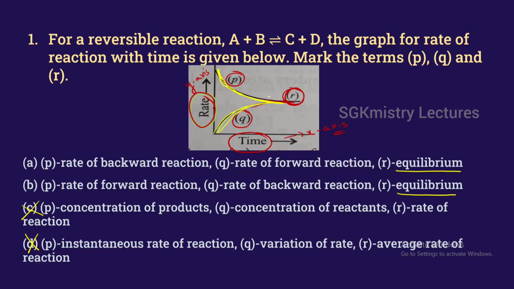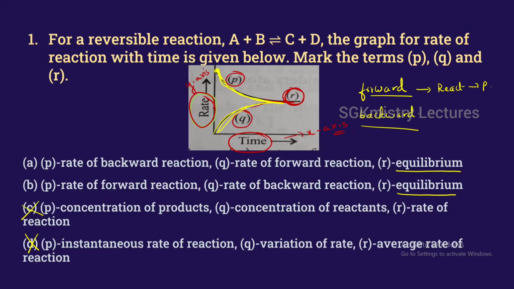So first we are considering the forward reaction and then the backward reaction. First there will be more reactant, then slowly the reactants will form products. So forward means reactants giving products, right?